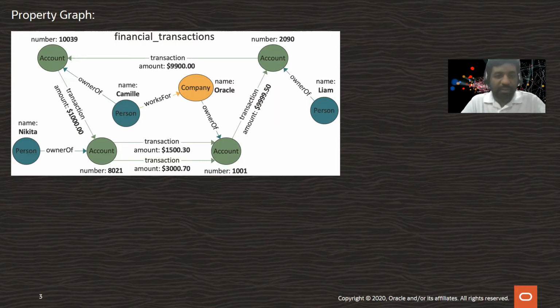Finally, there is an amount close to $10,000 going back to the original account 2090. In between, we can also see that Camille is the owner of 10039, who in turn got that initial transfer of money from 2090. We can see the association because Camille works for Oracle, and that particular business entity is the owner of account 1001.